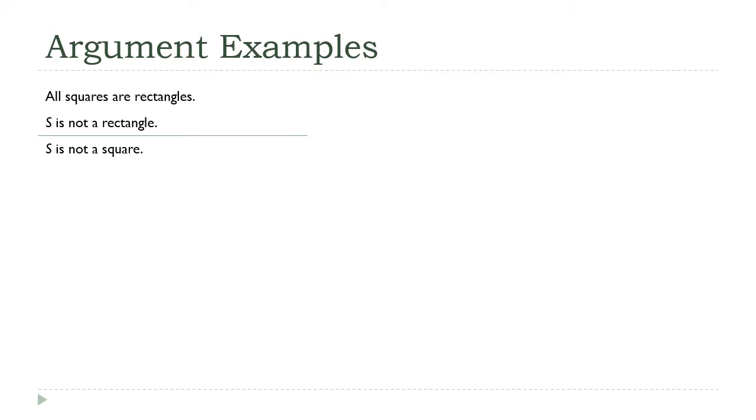So in other words, if I rewrite this using conditional language, if S is a square, then it's a rectangle. And then you notice, down here we have not a rectangle, so that would be not Q, and the conclusion is not a square, which would be not P. So this is following that modus tollens format.